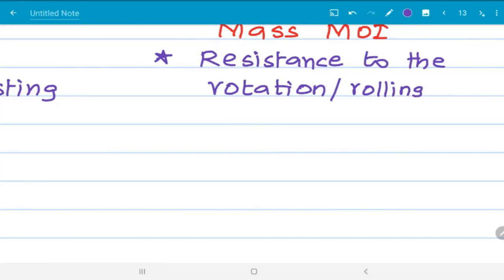Because most of the students do not have a clear difference between area moment of inertia and mass moment of inertia. But all of my students will be very clear about both, their applications, formula, unit, everything. Hereafter, no confusion should be there. Resistance to the rotation or rolling of the whole object.